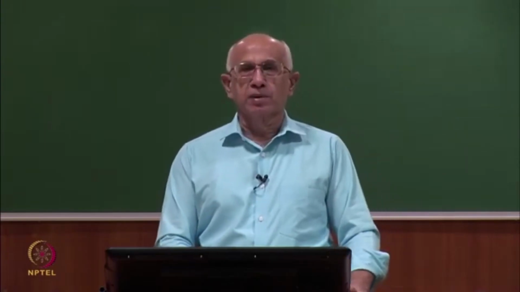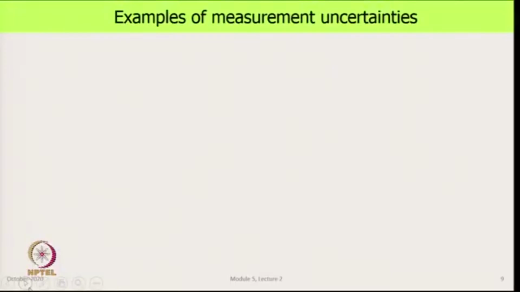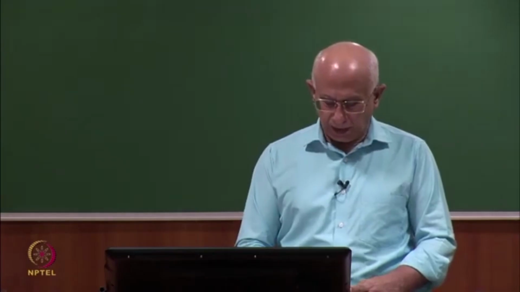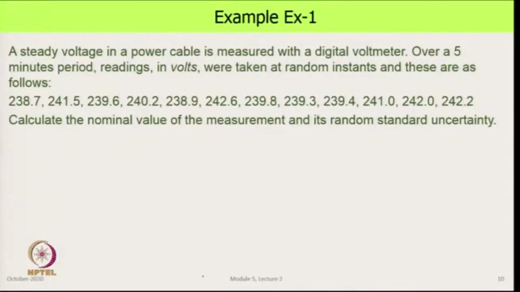Now, we move on to examples, and these are examples on measurement uncertainties. We have 3 examples, we will take them one by one. Here is the first one. The application is that there is an electric cable. Around that we have put an instrument which is a voltmeter or a multimeter, and we are reading the voltage based on the way it picks it up.